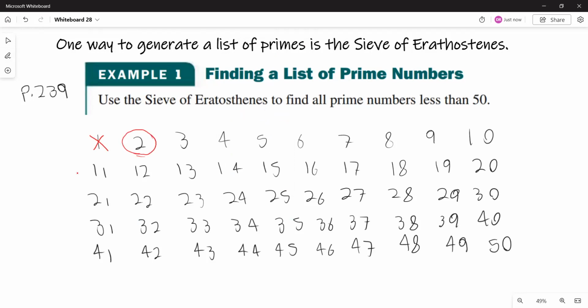So we can cross out every multiple of 2, and with that, we're going to get rid of half the numbers in this list. We cross every multiple of 2 because those cannot be primes. So that eliminates half of the numbers we had in the list.